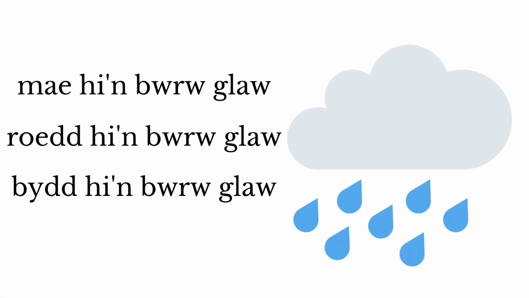Roedd hi'n bwrw glaw. Bydd hi'n bwrw glaw. Notice here that bwrw doesn't mutate. For those of you interested in the grammar, that's because this is a verb and not an adjective. It's raining. It was raining. It will rain.